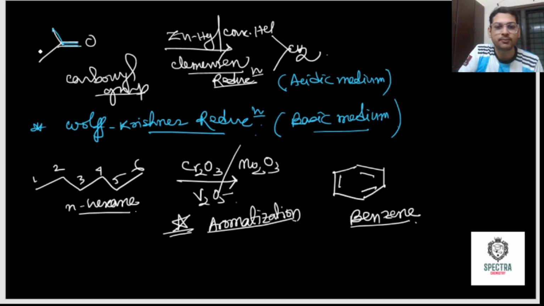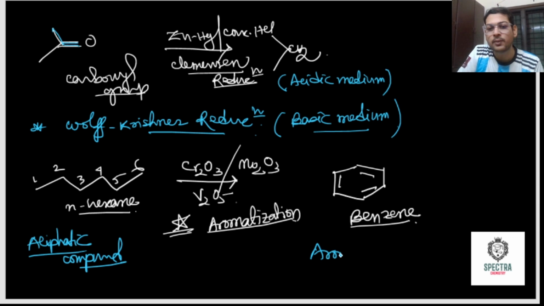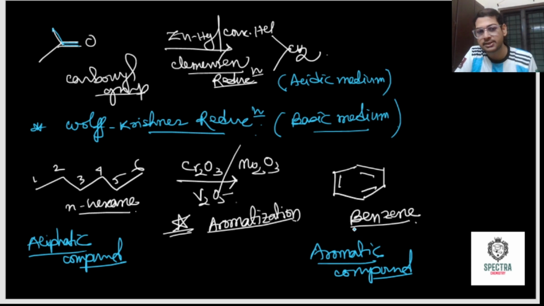This reaction is important because the starting compound is aliphatic and what you produce is an aromatic compound. You can do so many name reactions in your syllabus, but you cannot find any single reaction where aliphatic to aromatic conversion happens. That's why this reaction is important.